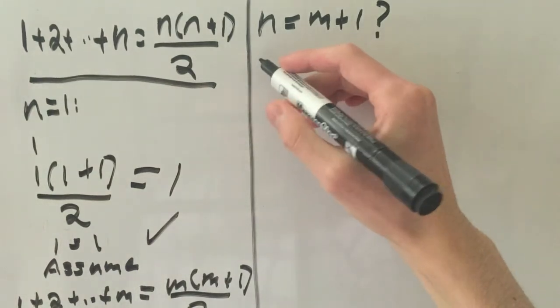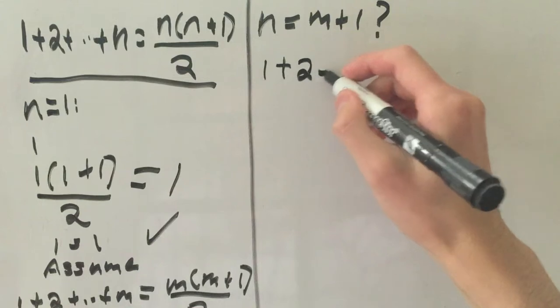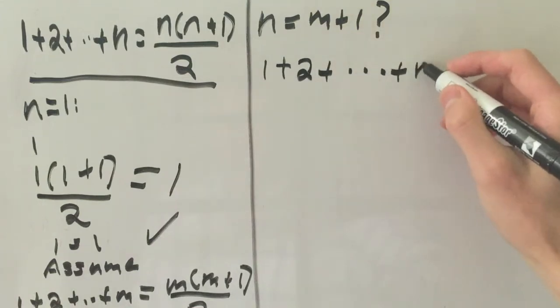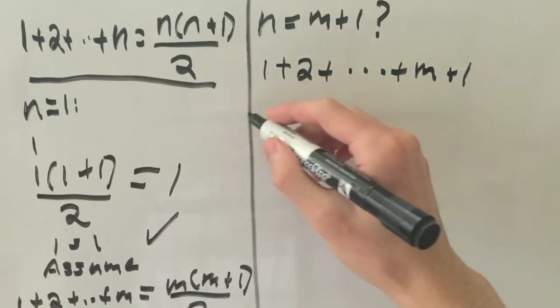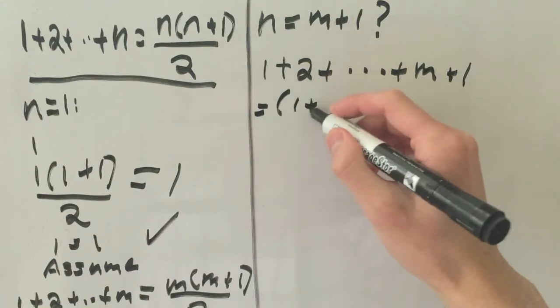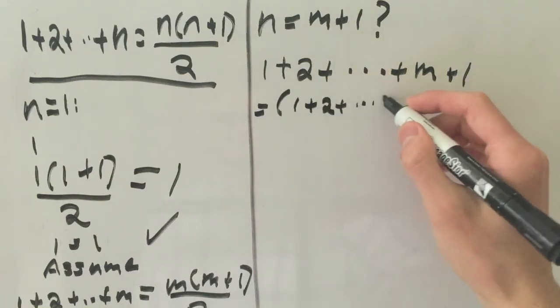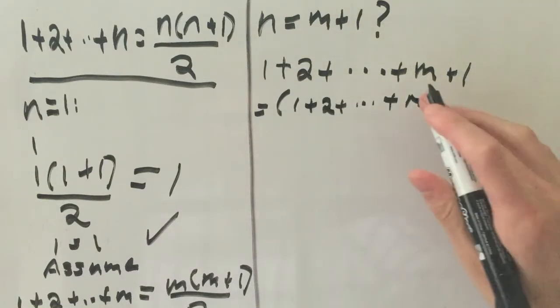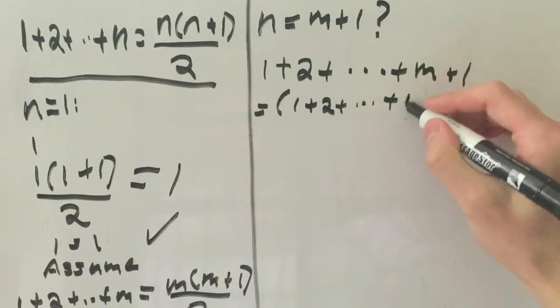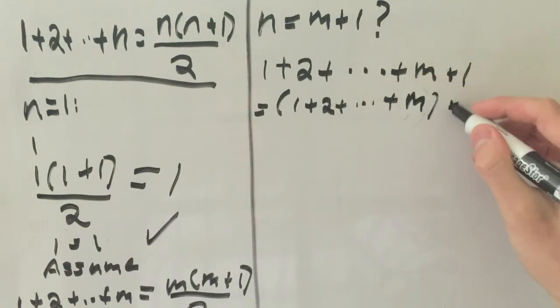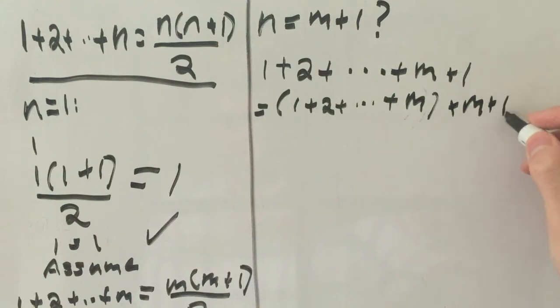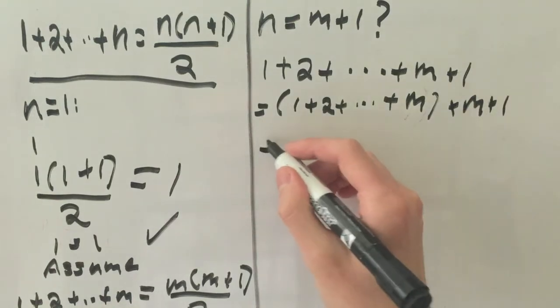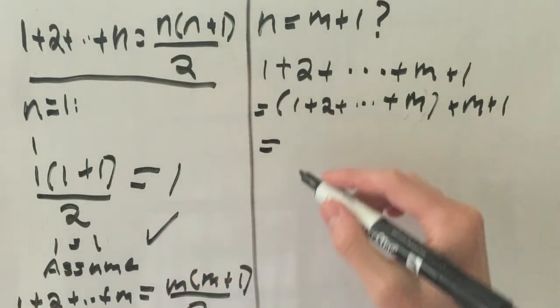What's interesting here is that I have the sum2 up to m plus 1, and I'm just going to rebracket that a little bit. It's the exact same sum. Then I'm going to use the thing that I assumed down here.